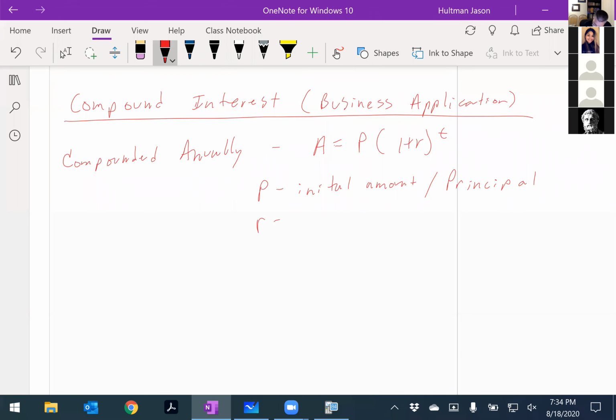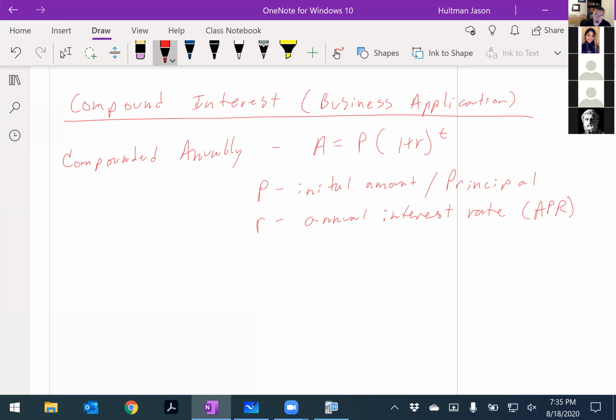R is an annual interest rate, usually called an APR or annual percentage rate. If an interest rate is given as a percent, it's called an APR. When you can finance your home for 3.5%, that's an annual percentage rate.